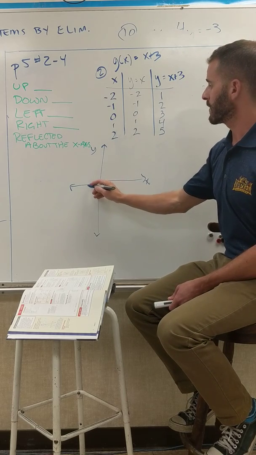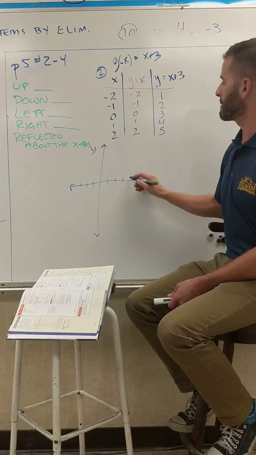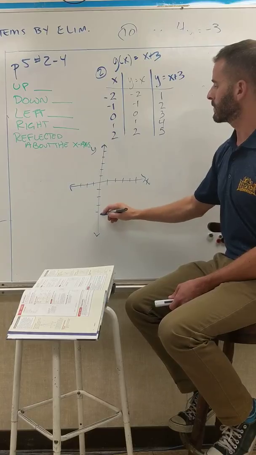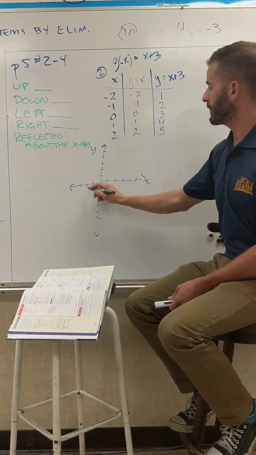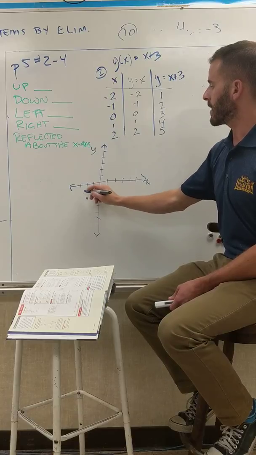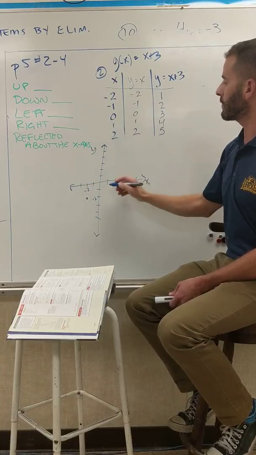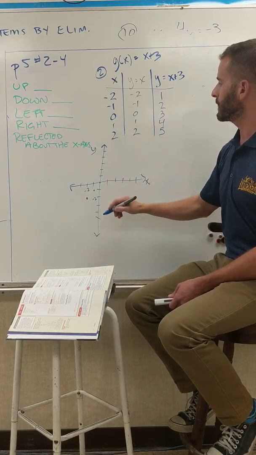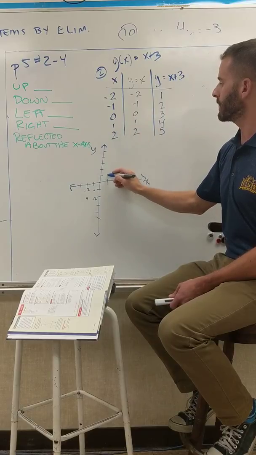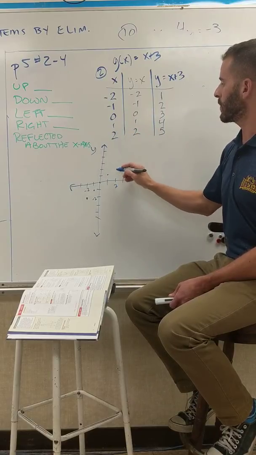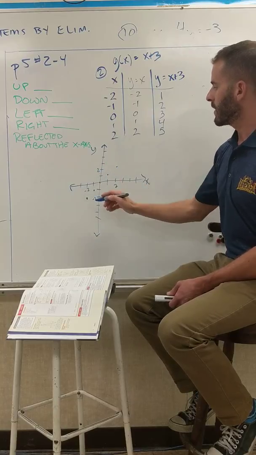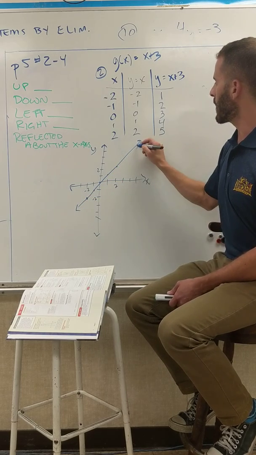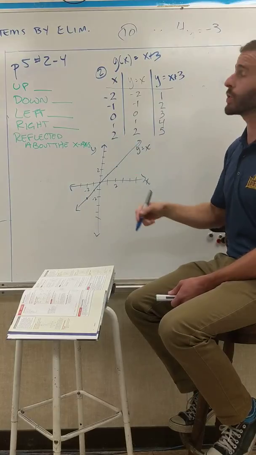We'll do the first one. -2, -2, so -2 on the x, -2 on the y. -1, -1, so left 1, down 1. 0, 0. 1, 1, so right 1, up 1. 2, 2, 2 on the x, 2 on the y. Here's my 5 points for my parent function, y equals x. And now I'll graph the question.